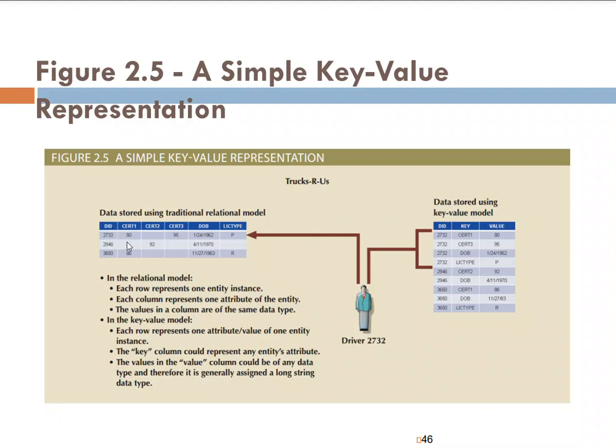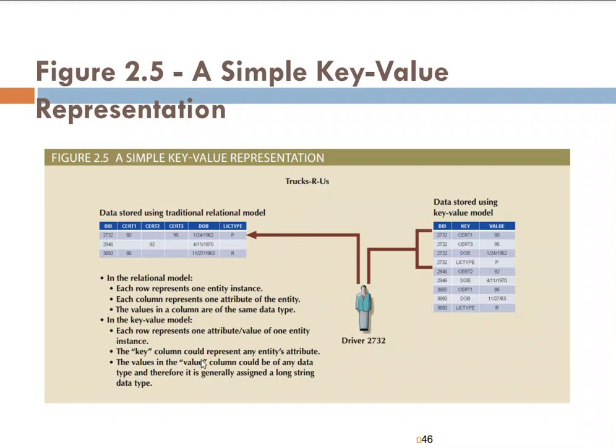Cert 1 berapa nombor dia? Mungkin driver lori ni dia perlu ambil beberapa certificate. Jadi dia ada certificate 1, certificate 3. Jadi setiap row ni akan melambangkan satu attribute, bukan lagi satu record. Ini adalah perbezaan antara data stored using key value model dengan traditional data model.